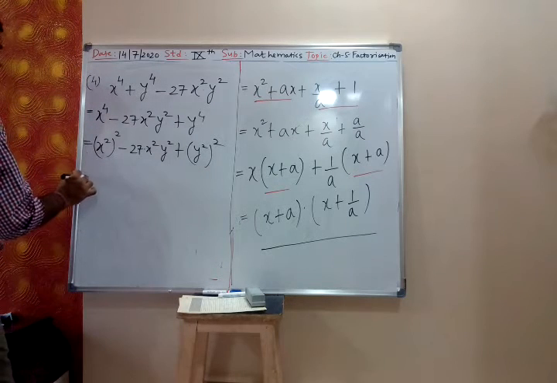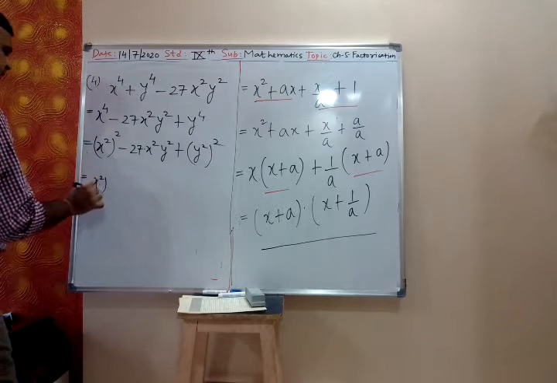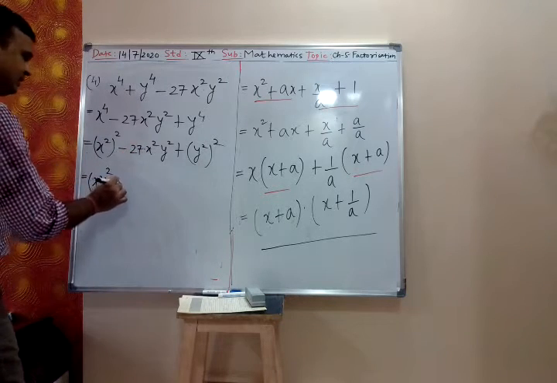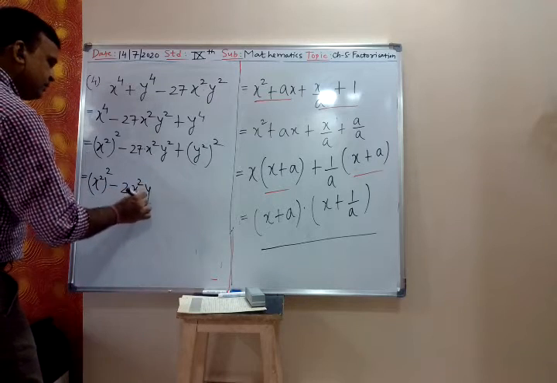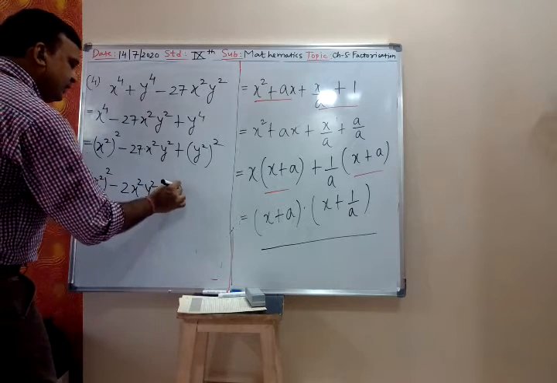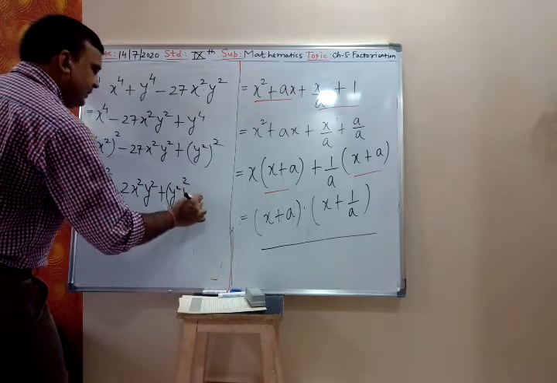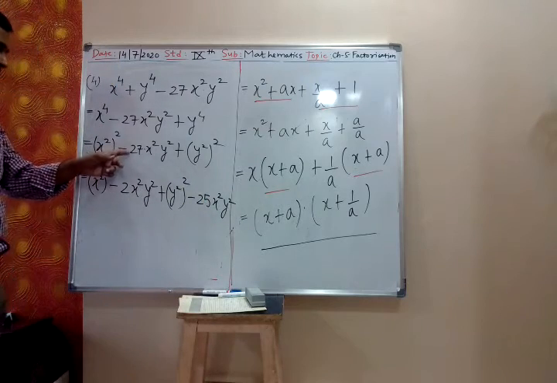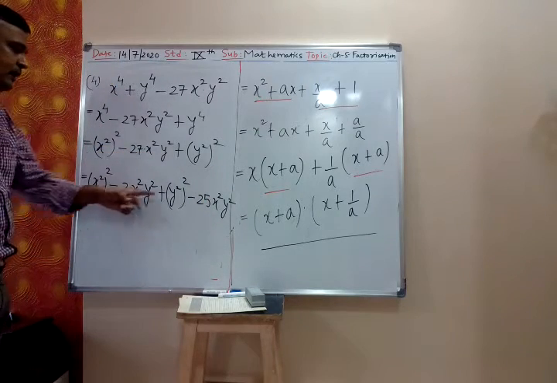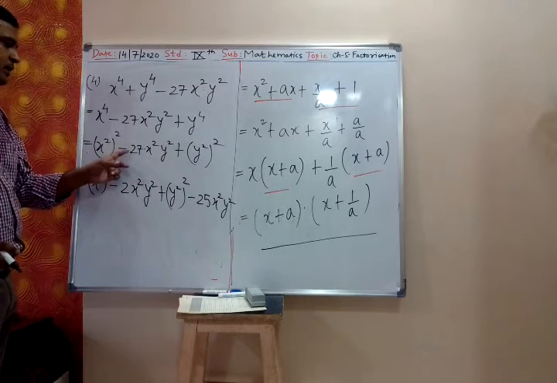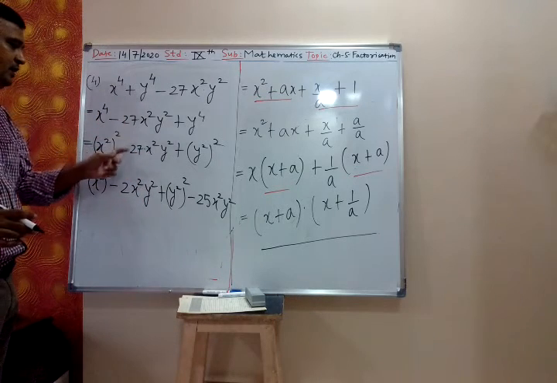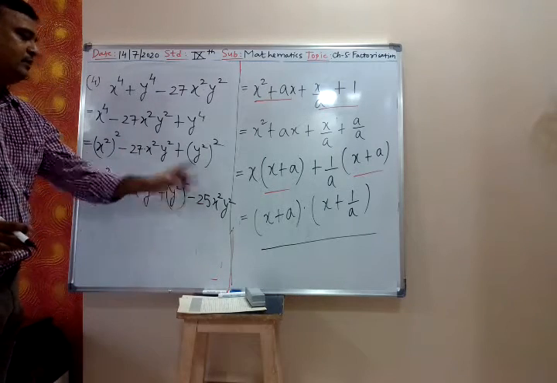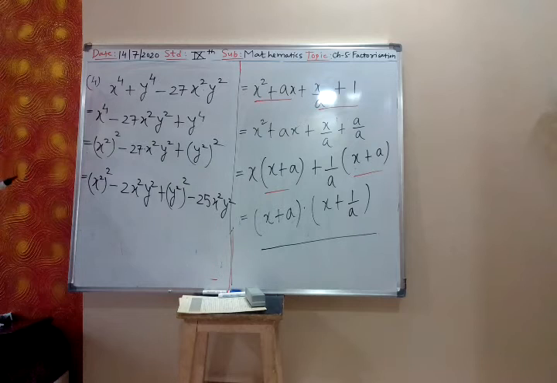Now this x square minus 27 x square y square, I will write minus 2 x square y square plus y square and then minus 25 x square y square. Just see, minus 27 x square y square I have written as minus 2 and minus 25. Is it clear?